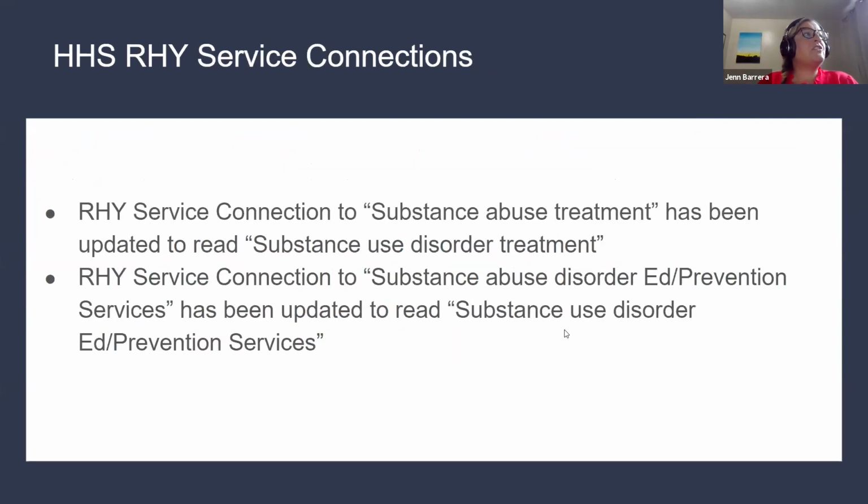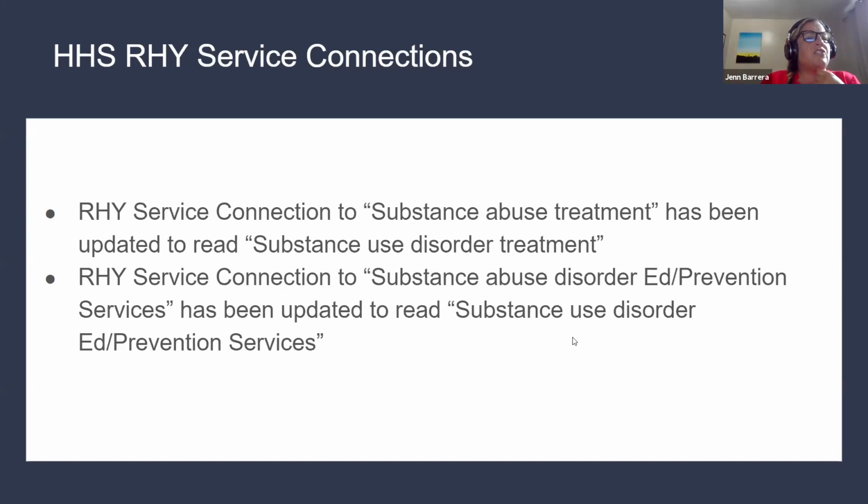All right, next up is service connection. Just because it's so special, the way that services in coordinated entry are called events, there are services in RHY that are called service connections. So service connections in RHY are being changed. This only applies to our Basic Center program because the Street Outreach doesn't have this as a service connection.